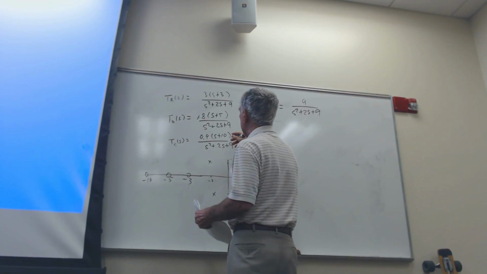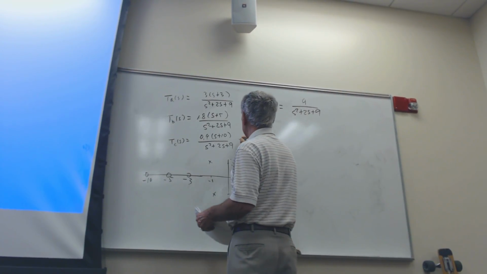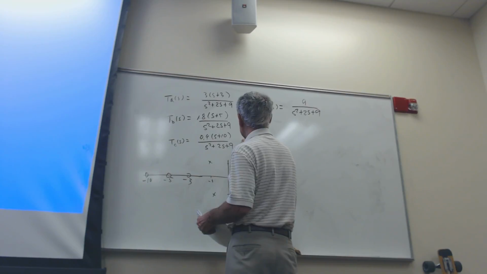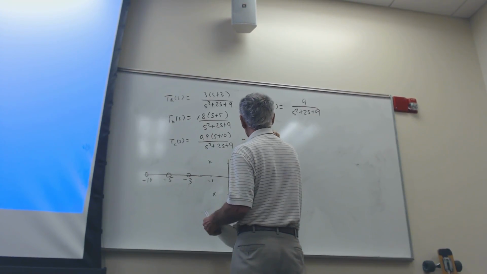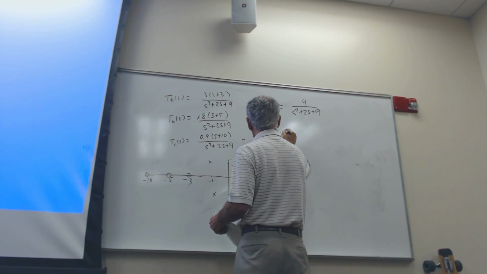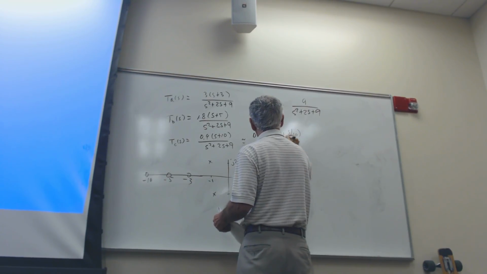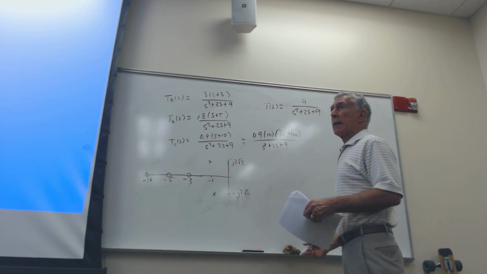So what we do here, if you want to come up with this approximation, you say, okay, this is approximately equal to 0.9. What we're going to do is take out a 10, right? So you have 1 plus s over 10, and then s squared plus 2s plus 9. And so we're going to throw this away.